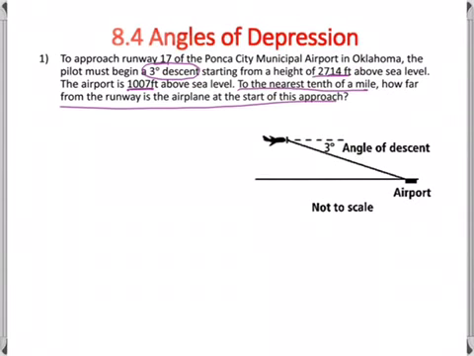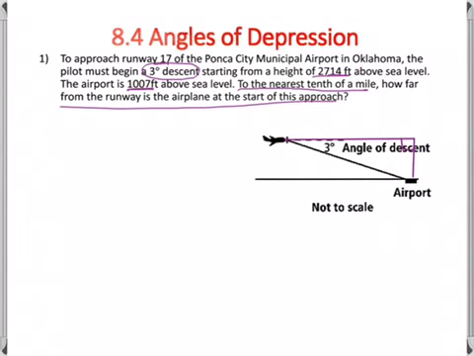All right, as we look at this picture, we've got our triangle being constructed for us, the plane's line of sight going down, creates our right angle here. What we don't know is the height of the plane.